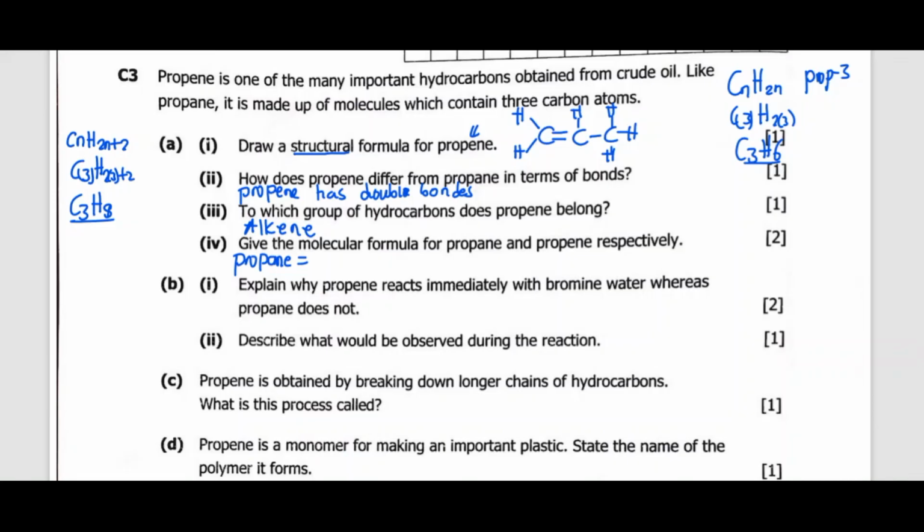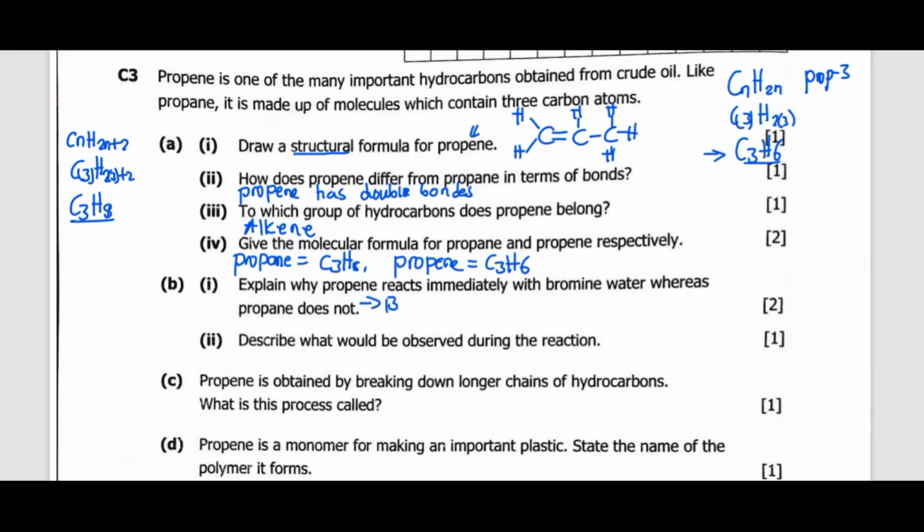So propane is C3H8. Propene we've already found, so propene is C3H6.